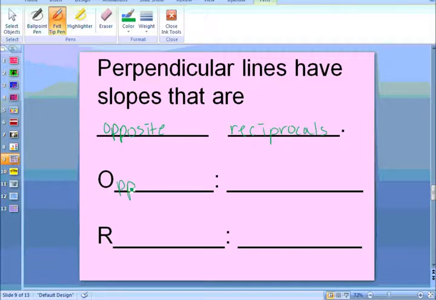So opposite means different sign, or opposite sign. And reciprocal means flipped fraction. We're finding the reciprocal of the number, which means you flip it.